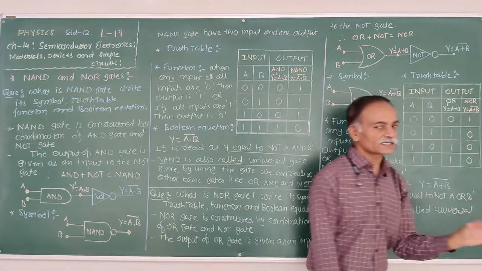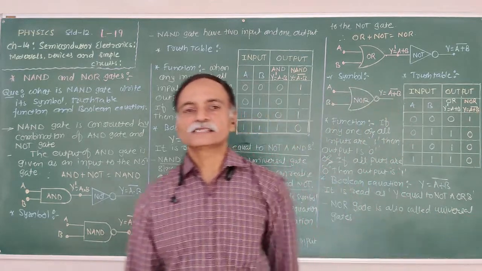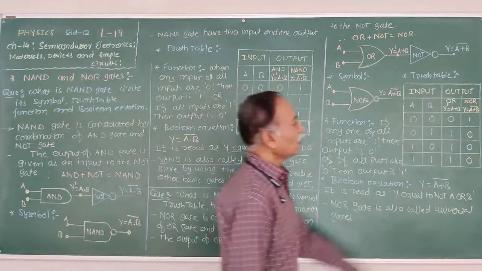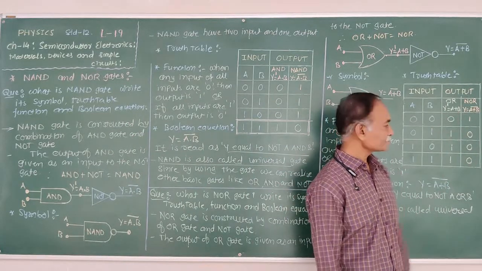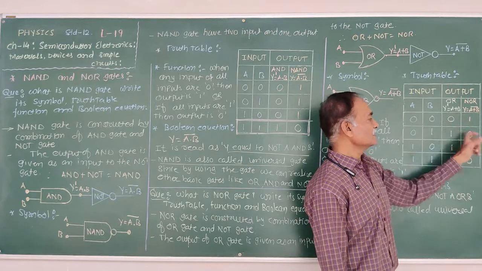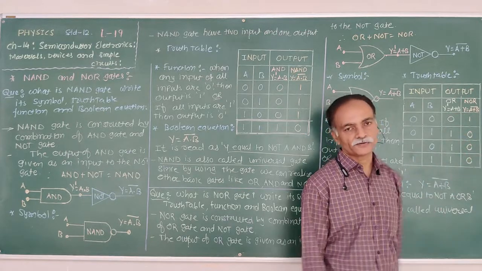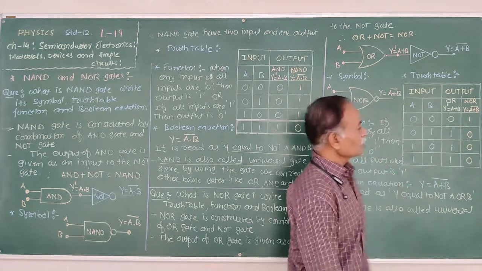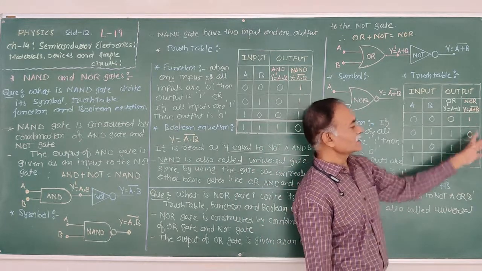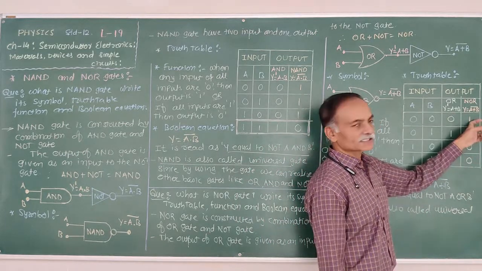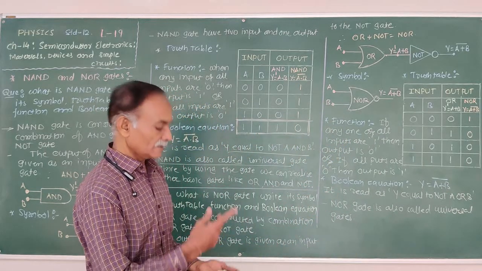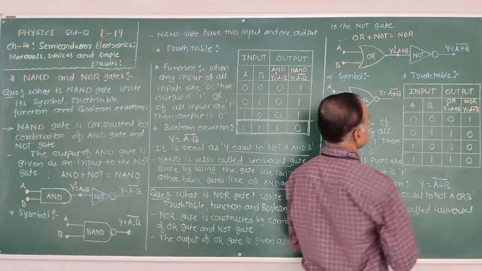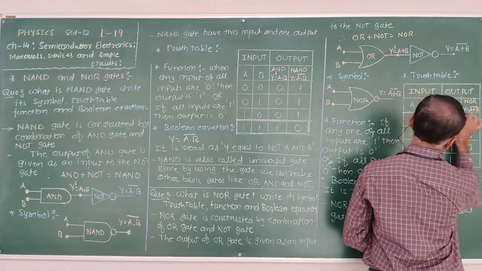So the last column is the output of the NOR gate, that is, the output of the OR gate inverted by the NOT gate: 1, 0, 0, 0. From the output of the NOR gate, what is the different output? The first is the different output for the NOR gate. Therefore, that is the characteristic of the NOR gate.